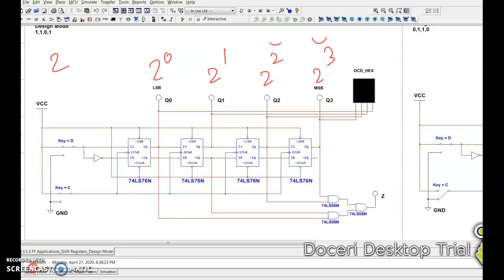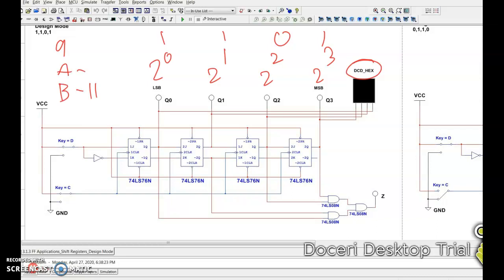If you wanted to display something different, like, let's say, I think in the example it's asking you to do 1, 1, 0, 1, so that's going to be 1 plus 2 plus 8, so it's going to be 11. So remember, when you have a hex display, you go 9, then you got 10, then you got 11.